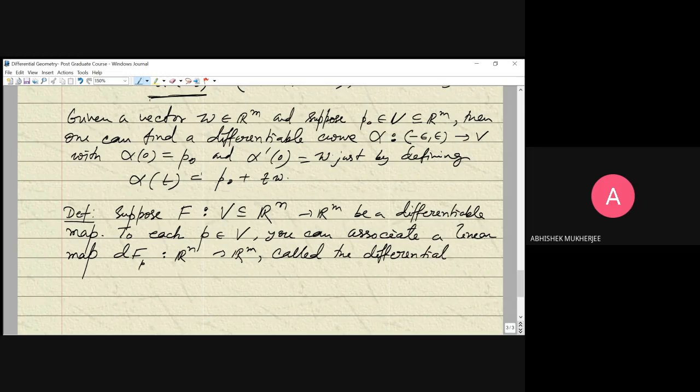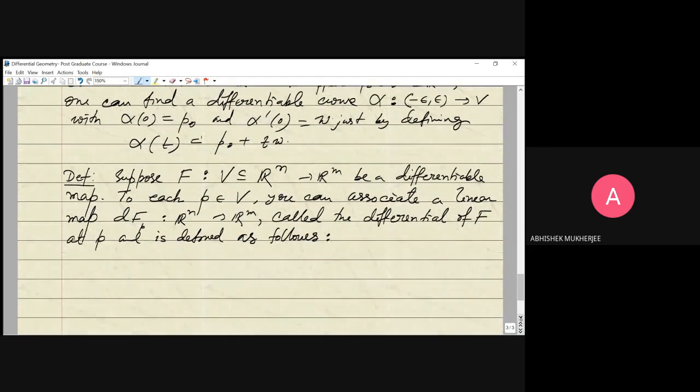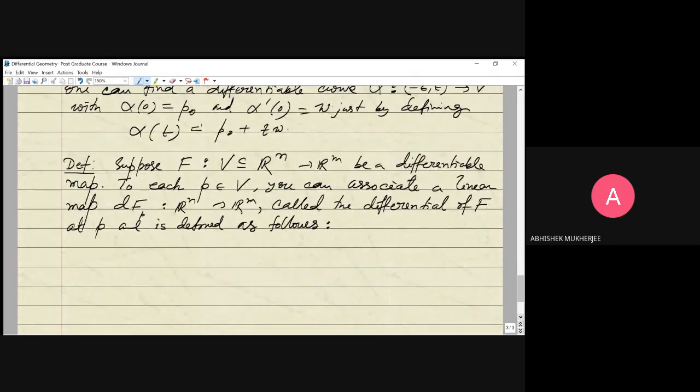In general, it is called the differential of F at P, and is defined as follows. What will be the definition of this differential? We have already seen the existence of such a linear map, but what will be the exact definition of this?